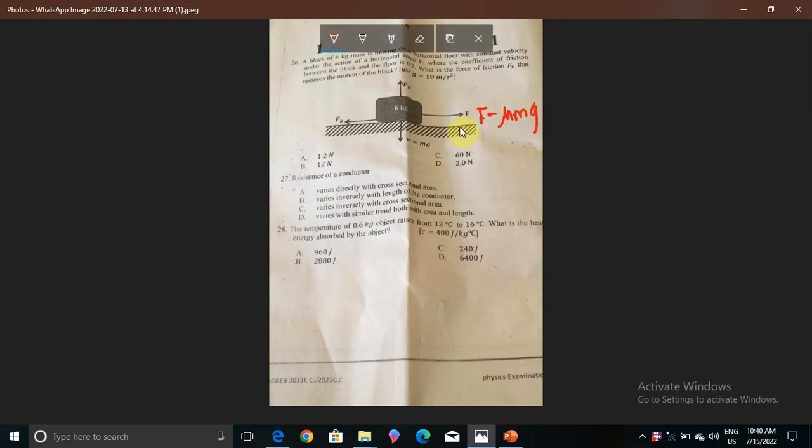So we have the coefficient of friction, which is 0.2, times 6, then times 10, which will be 60 Newton, right? 0.2 times 6 times 10, it will be 60 Newton.